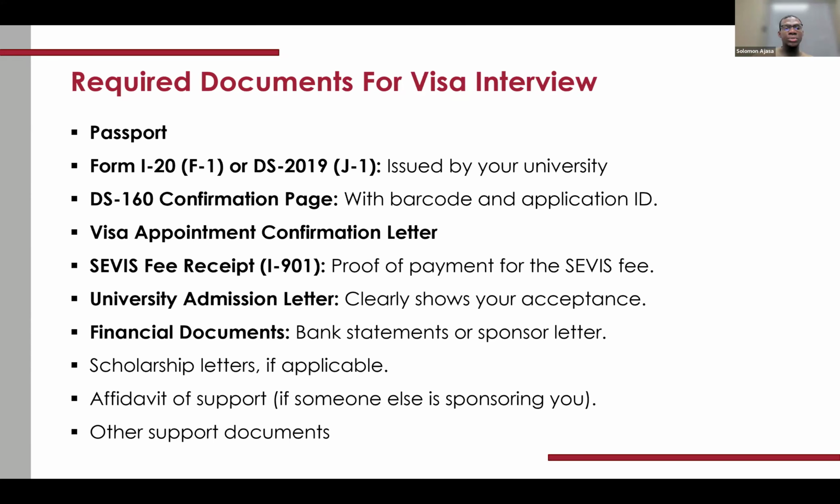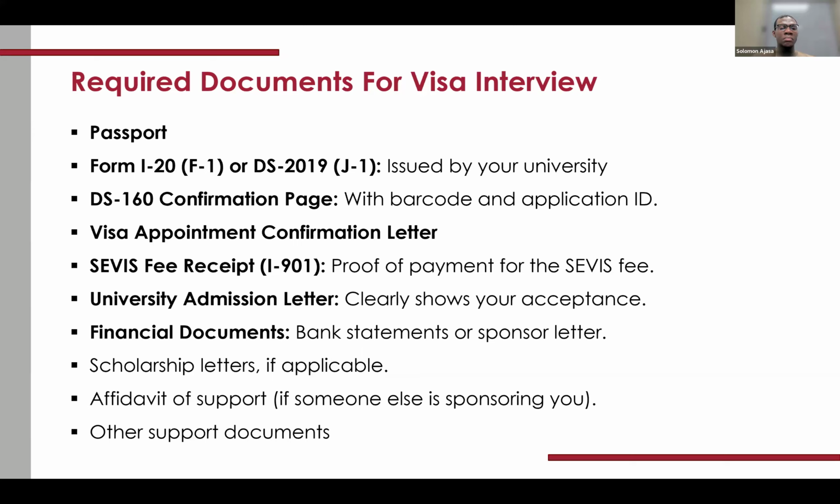Now let's go on to talk about some of the required documents that you need for your visa interview. So you've been offered admission to the University of Alabama, and you're trying to prepare all your documents for your visa. The very first thing, which is very, very important, is your passport. It's non-negotiable.